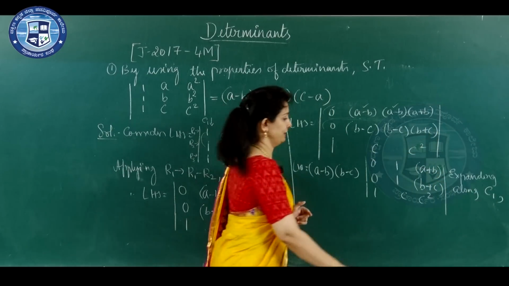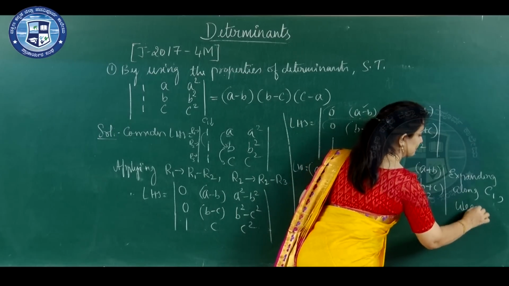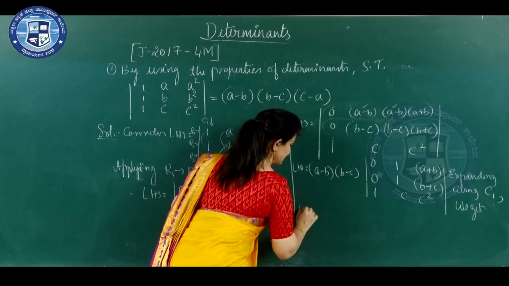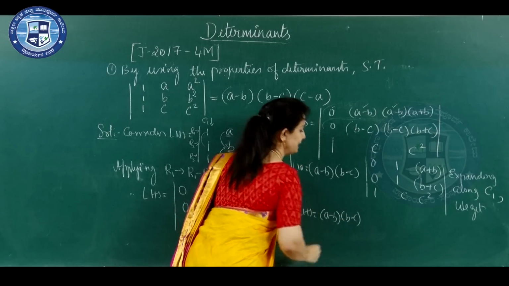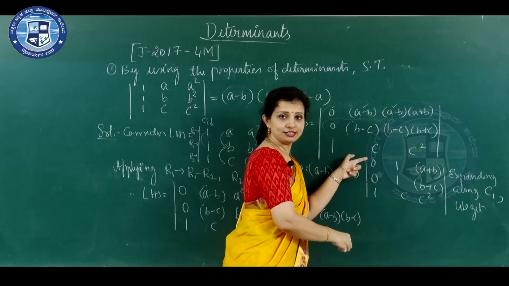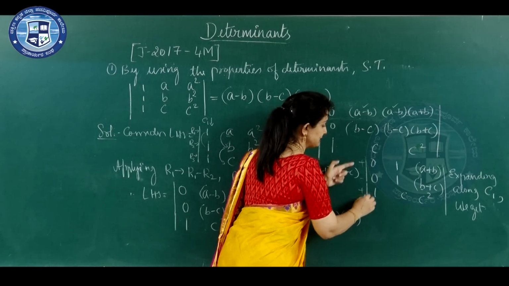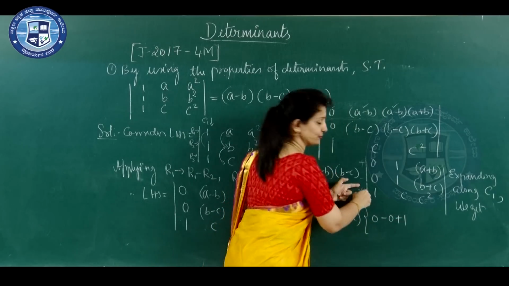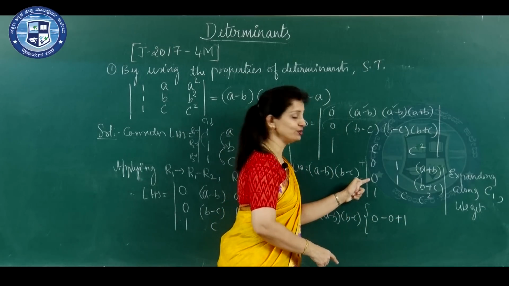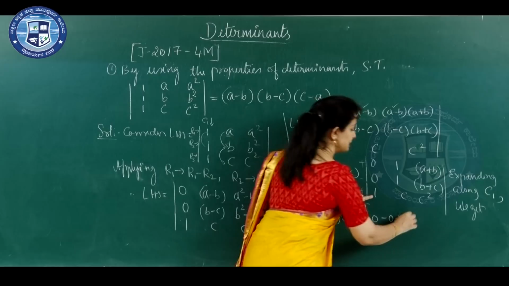What do we get? LHS equals A minus B into B minus C into, when you expand it along the first column, plus minus plus, so it is 0 minus 0 plus 1 into, here the third element is 1, the first two are zeros, 1 into determinant.